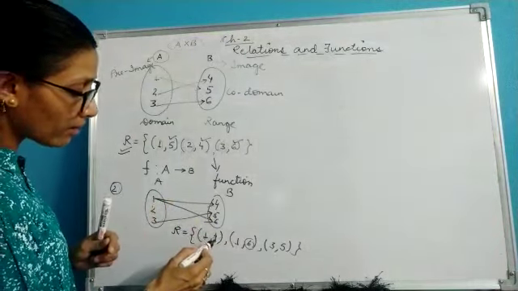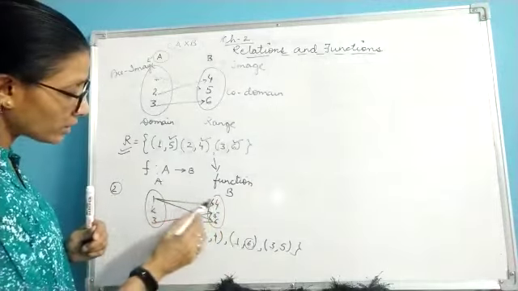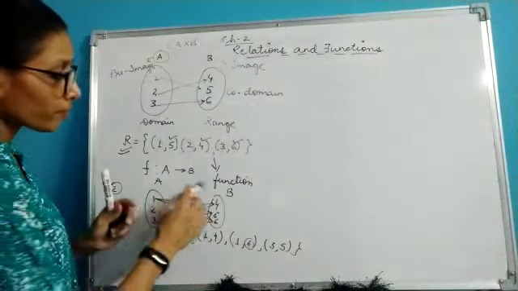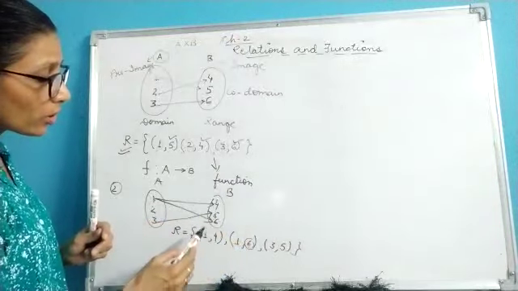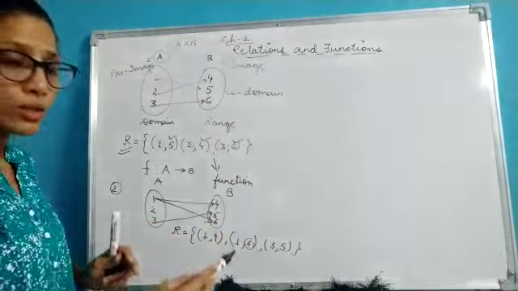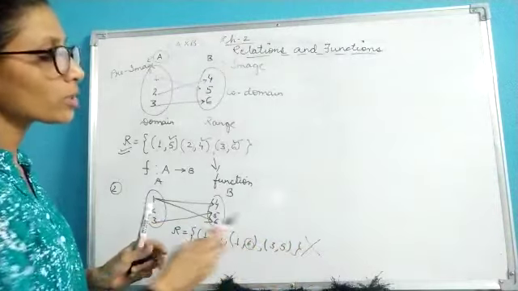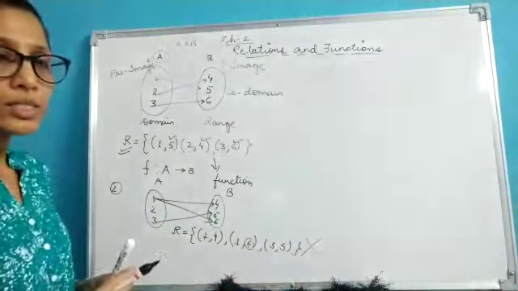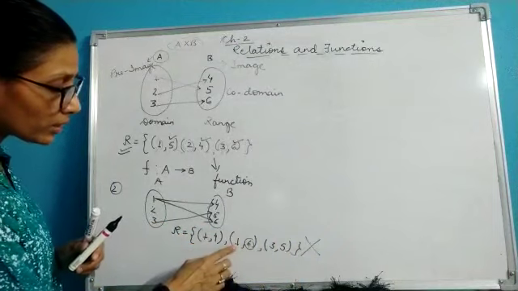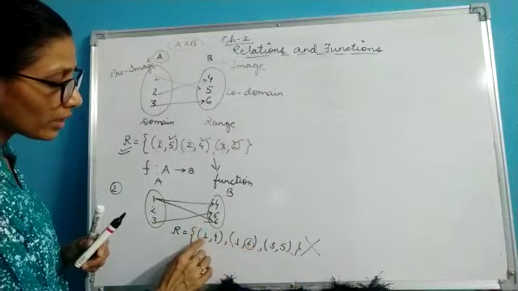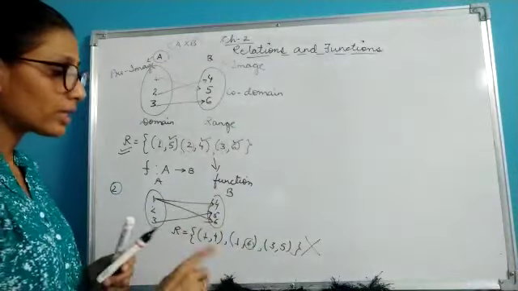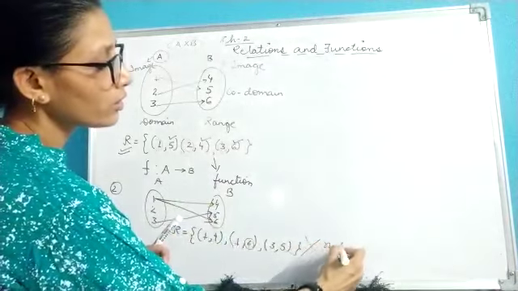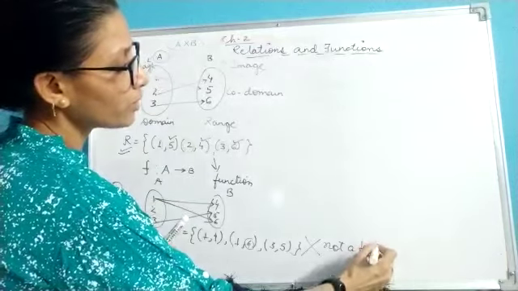So 1 is having 2 images. 1 is having relation with 2 elements of set B. So if your domain gets repeated, then it is not a function. So I can say here the domain is repeating, or I can say an element of set A has more than one image. That's why it is not a function.